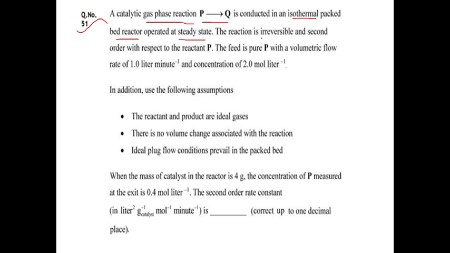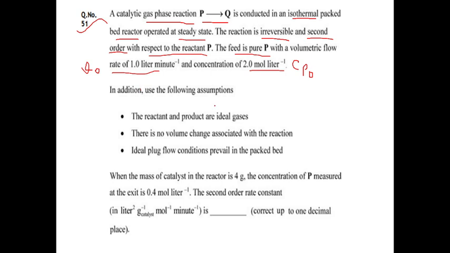The reaction is irreversible, second order with respect to the reactant P. Feed is pure P with a volumetric rate of 1 liter per minute, that is V0, and concentration of 2 mole per liter. This is the initial concentration, denoted as Cp naught.